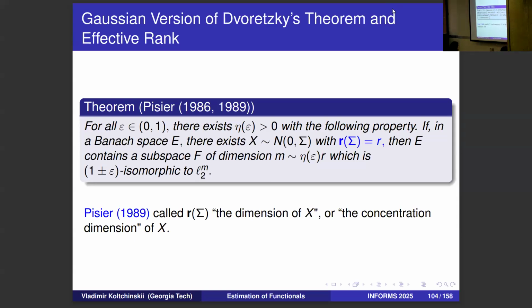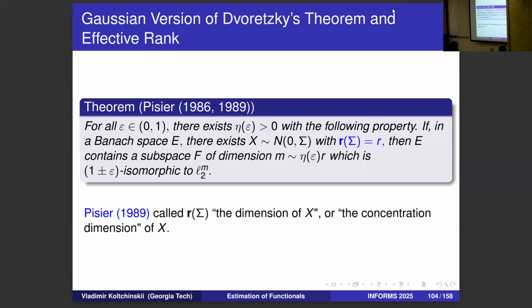And if your Banach space is high dimensional, you can find such subspaces of sufficiently large dimension. This was proved by Dvoretsky in the early 60s, and then there were other versions of the proof.